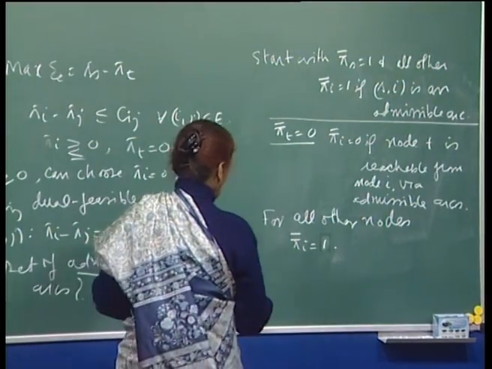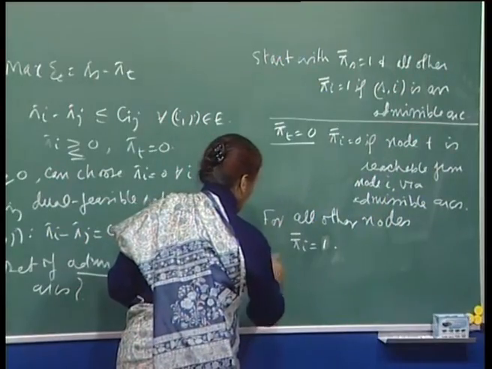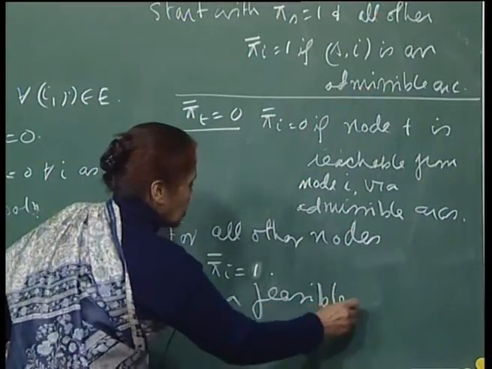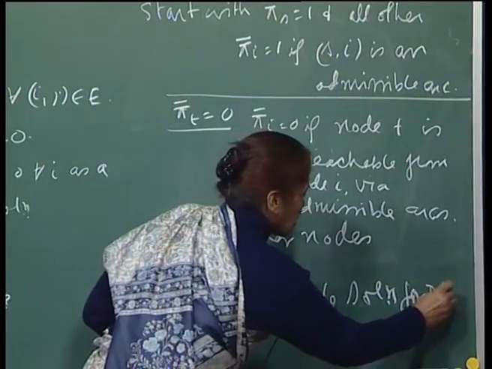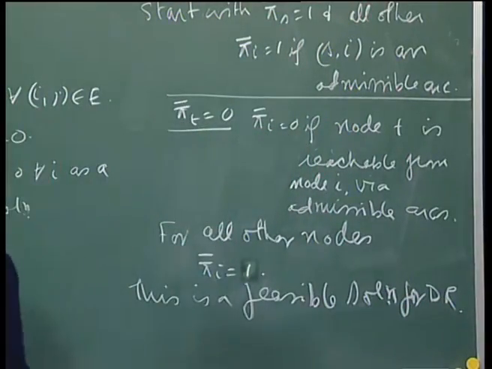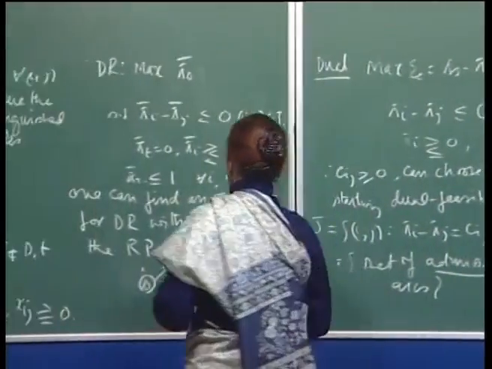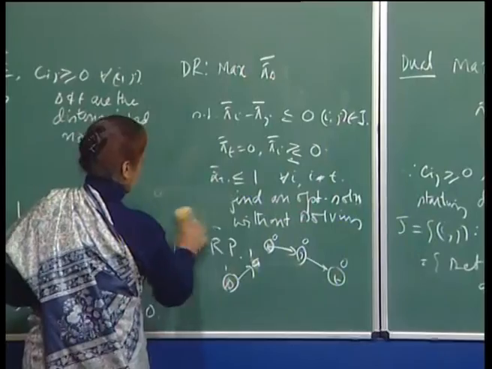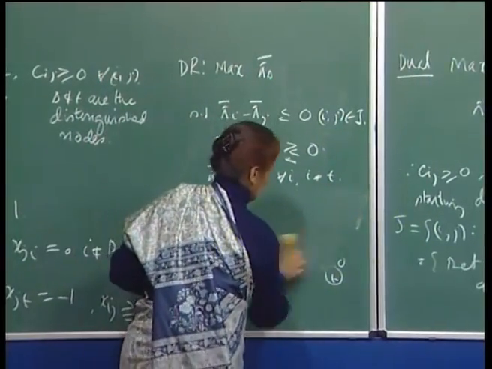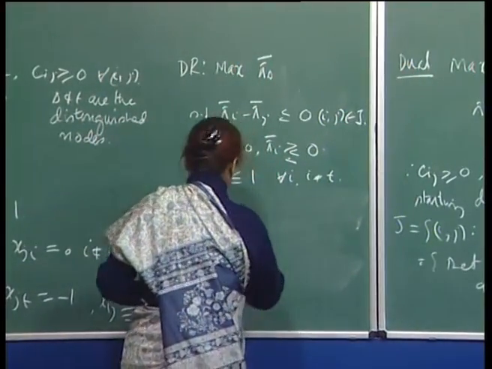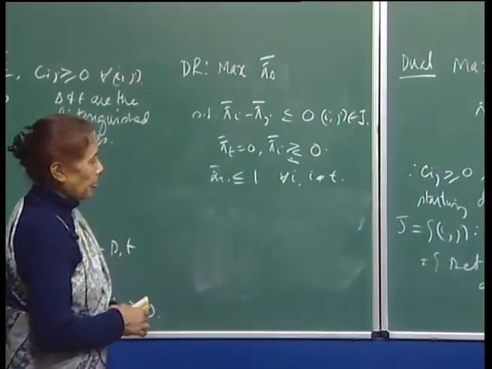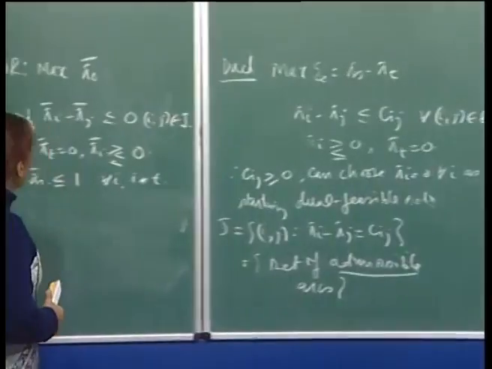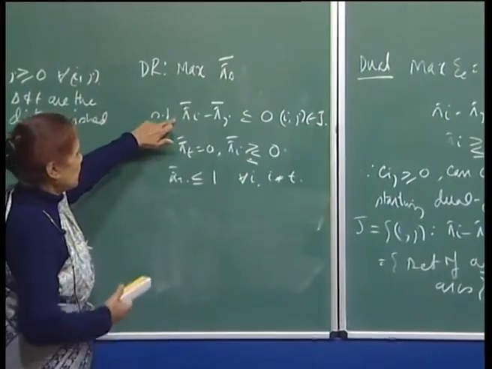So, you can see that this is a feasible solution for DR. Why is it feasible? Quickly, let us check it. Yes, this is a feasible solution for DR, which means I want to make sure that these constraints are satisfied.